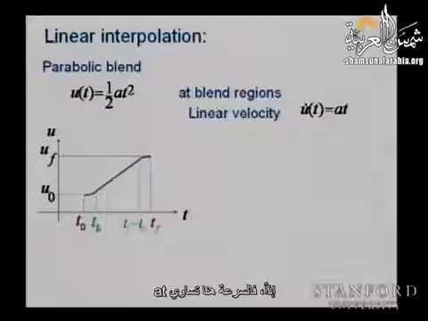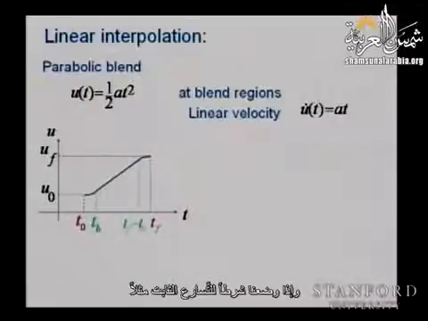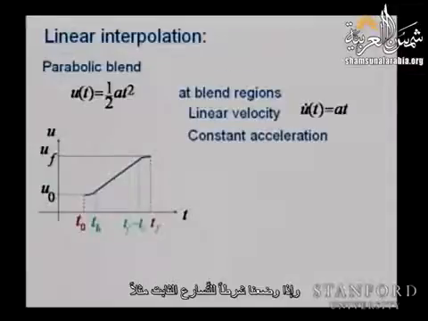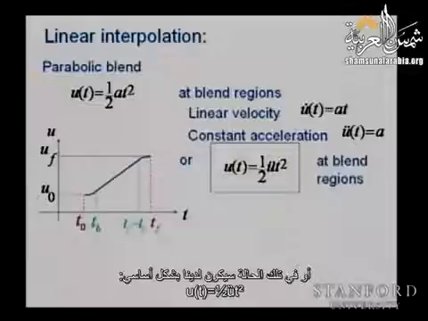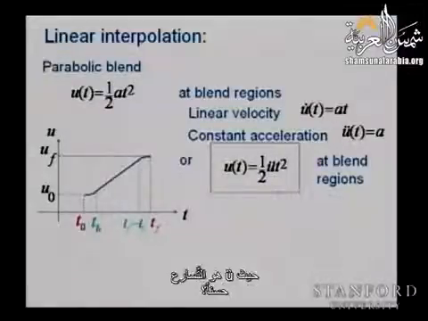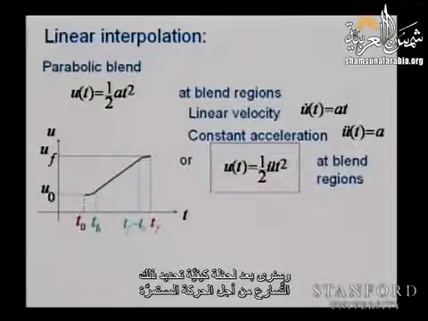The velocity here is simply a times t, and if we put a condition for a constant acceleration, then u of t is 1/2 u double dot t squared, where u double dot is the acceleration. We'll see in a moment how we can determine it for continuous motion.